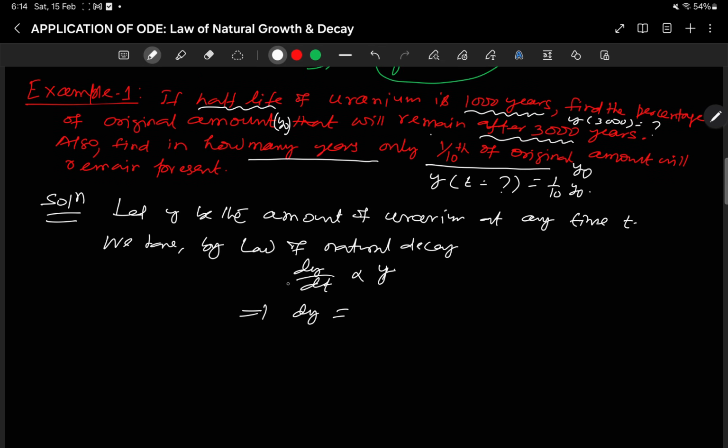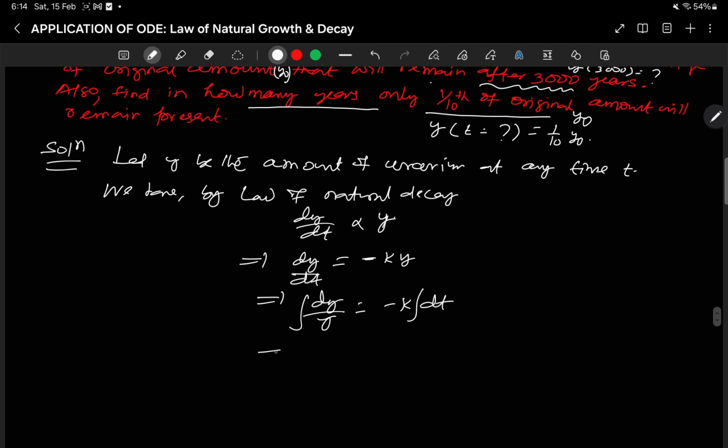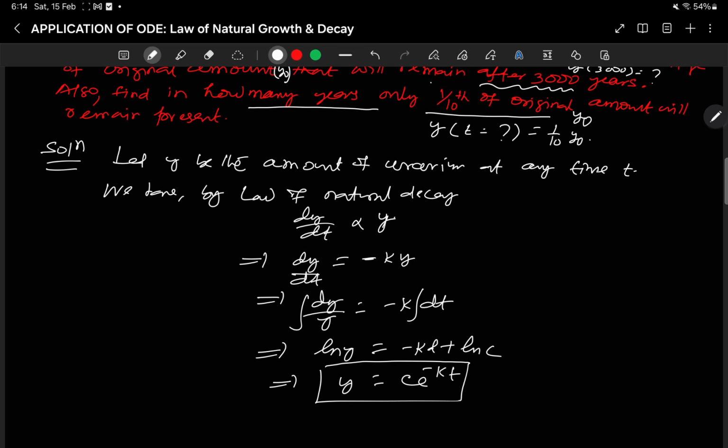Since we are talking about the decay, dy by dt is minus ky. So dy by y is minus k dt, integrating both sides. Log y is minus kt plus ln c. So y is equal to c e to the power minus kt. According to the law we have this.